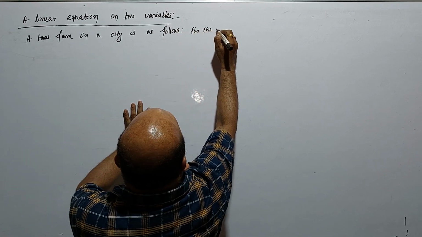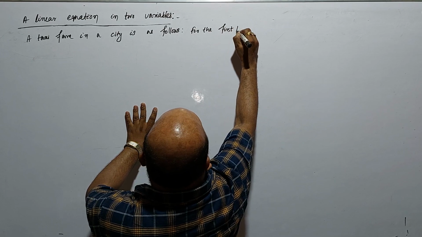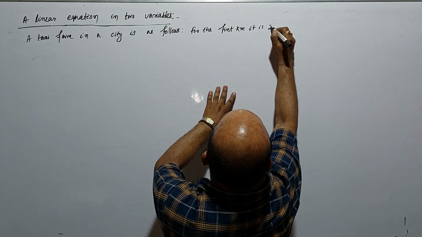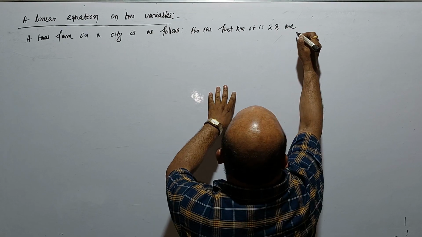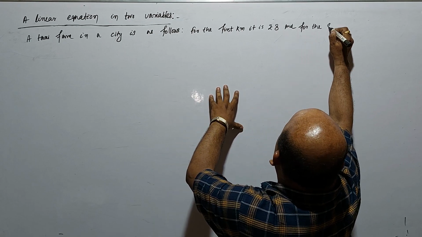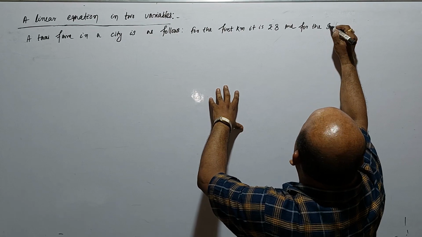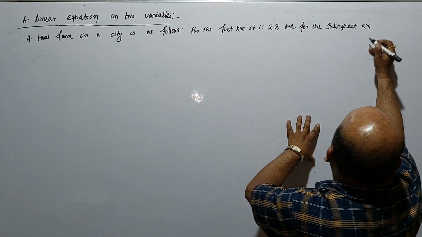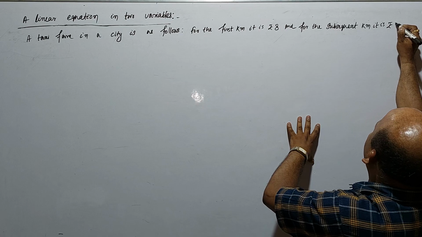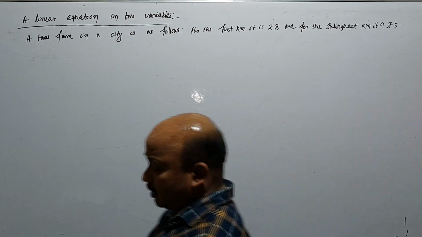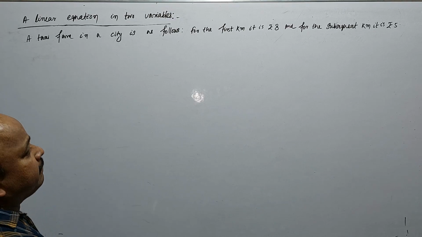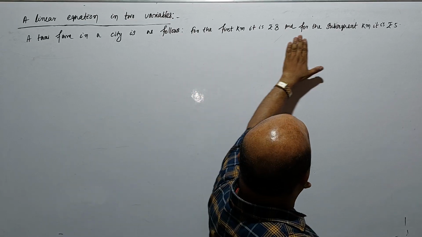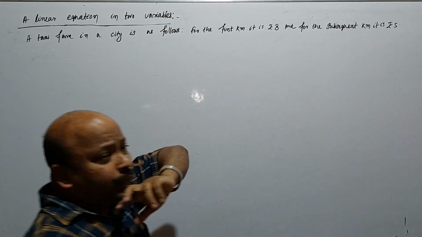For the first kilometer, it is rupees 8, and for the subsequent kilometer, it is rupees 5. Okay, students, a taxi fare in a city is as follows. For the first kilometer it is rupees 8, and for the subsequent kilometer it is rupees 5.